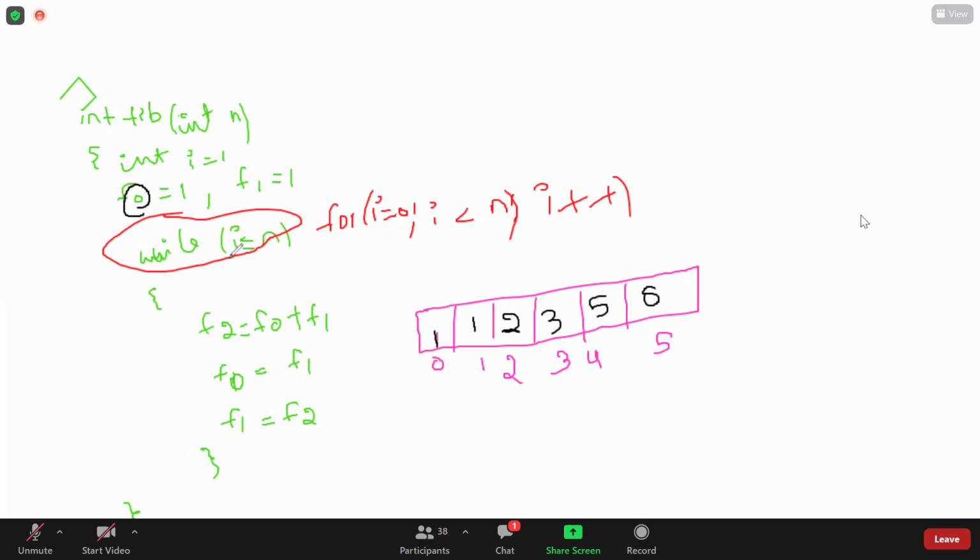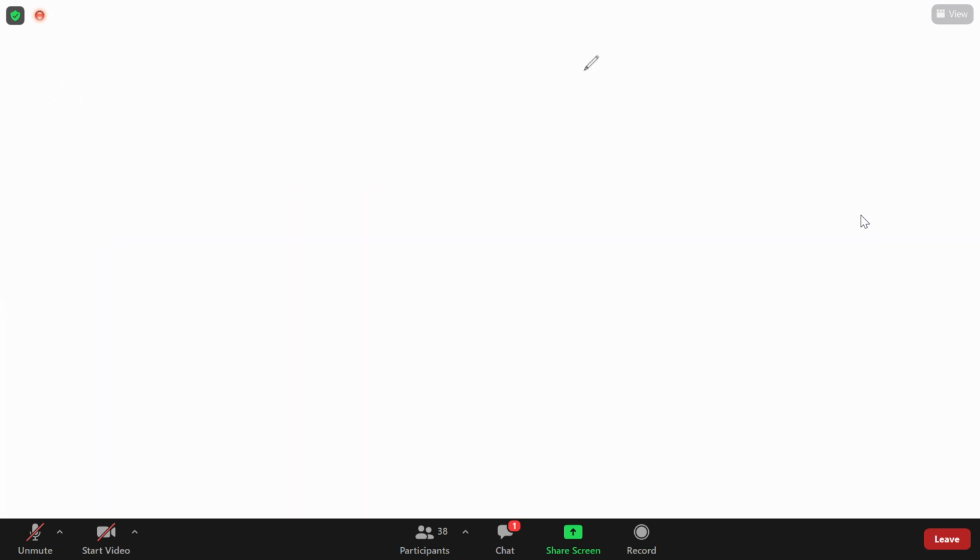Rule number 34, which one? Top-down approach. See, what is top-down approach? For the Fibonacci sequence, first fib of 5 is divided into two parts, that is fib of 4 plus fib of 3.